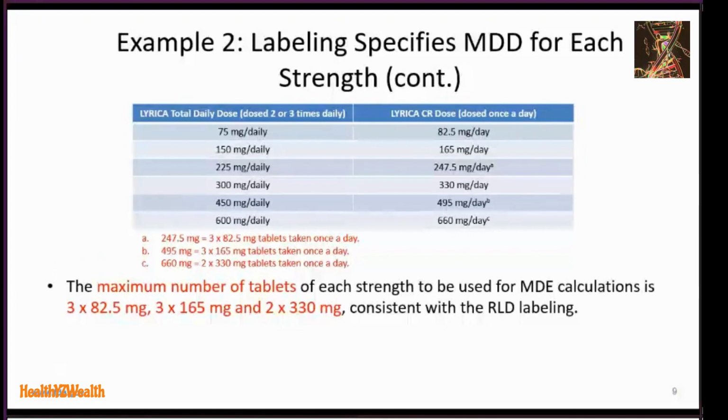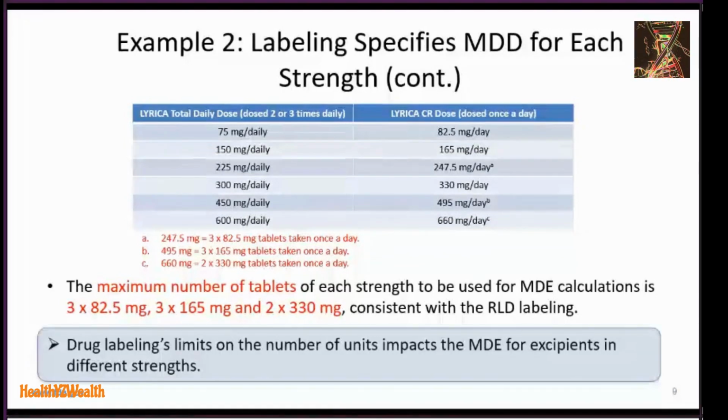Similarly, for the 600 milligram Lyrica dose, the CR dose of 660 milligrams is achieved by taking 2 of the 330 milligram tablets. The maximum number of tablets for each strength to be used for maximum daily exposure calculations are specified in the labeling. Therefore, keep in mind that the labeling's limits on the number of units impacts the maximum daily exposure for excipients in different strengths.